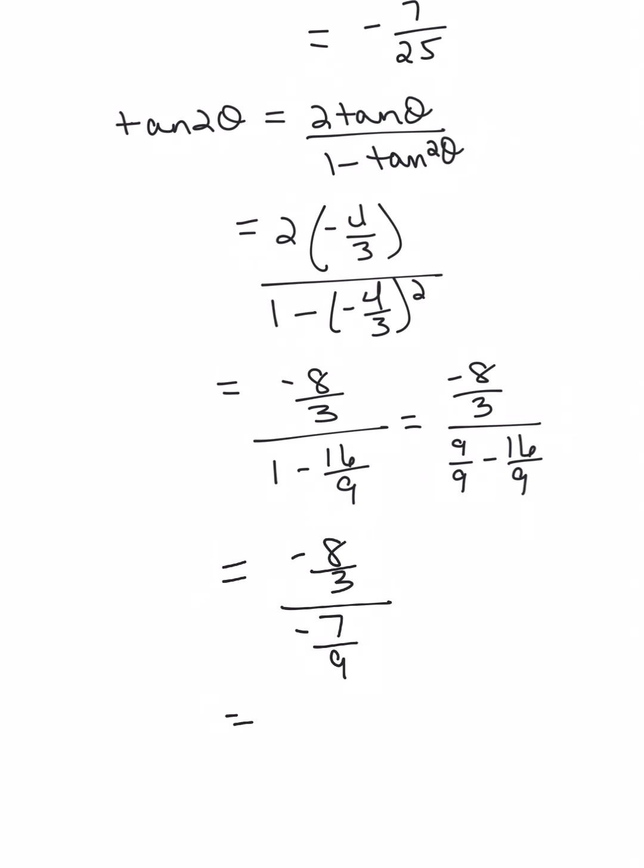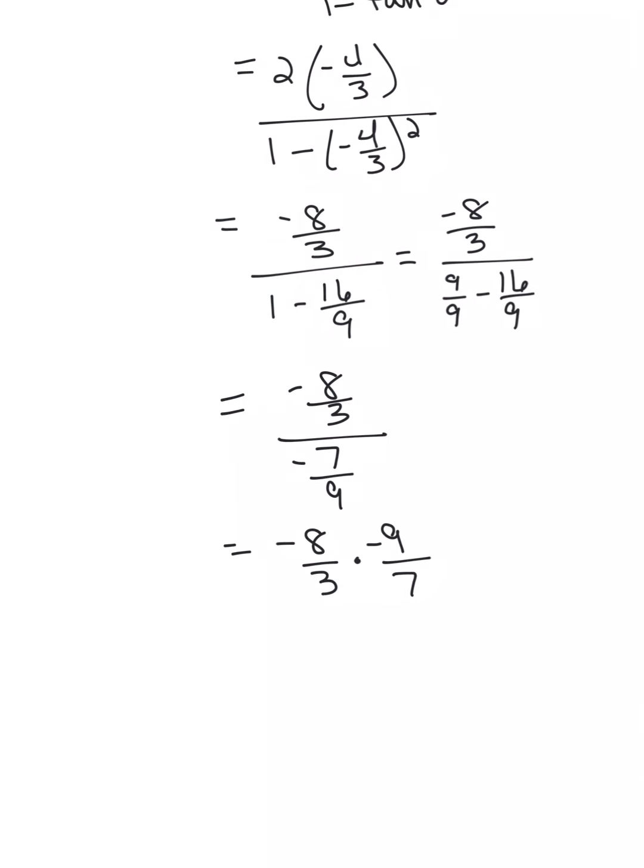Rules for fractions say that you multiply by the reciprocal of the denominator. So we are going to take -8/3 times -9/7. You would get positive 72/21. Simplify that, you're going to get 24/7.